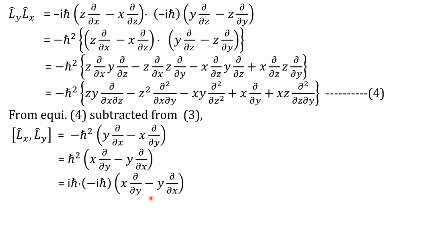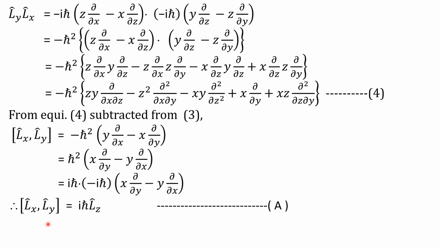This is the expansion of Lz, the z component angular momentum operator, and therefore we write the commutation bracket of the Lx operator and Ly operator equal to i h cross Lz, since the Lz operator is defined as minus i h cross into the bracket x ∂/∂y minus y ∂/∂x. That is the result of the commutation bracket [Lx, Ly], and that value is i h cross Lz.